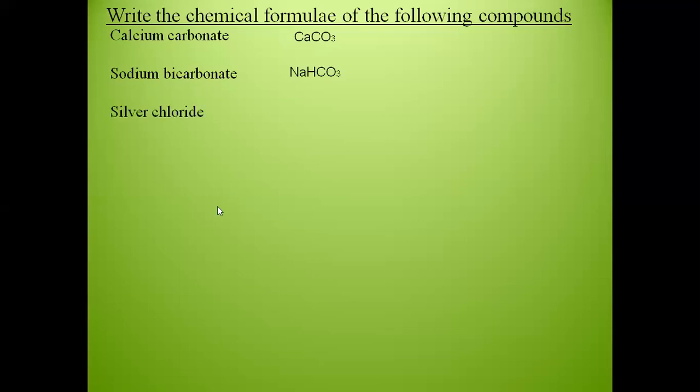Next one, silver chloride. Now this is a simple one. Silver is Ag and chlorine is Cl.